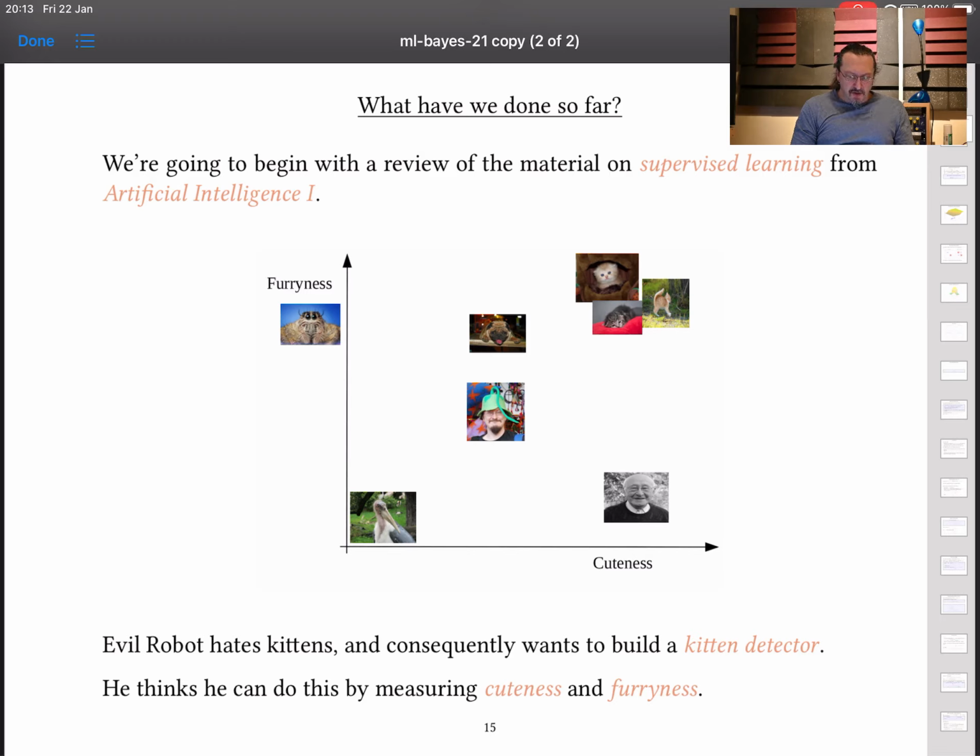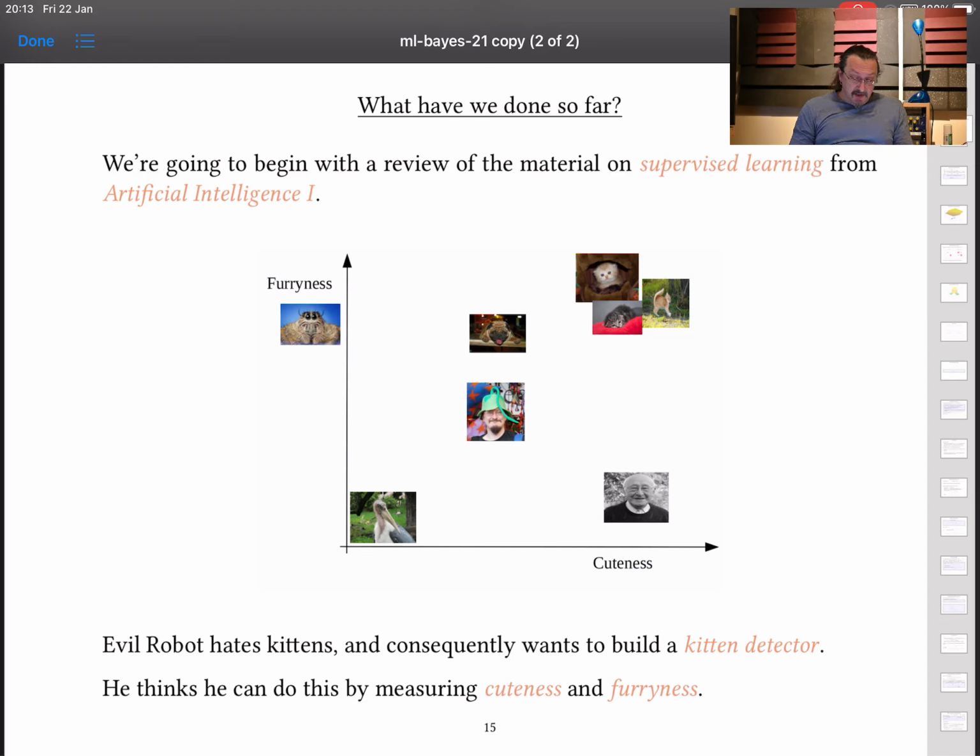And that data is shown on this slide. As you can see, there are various things that he's come across, and he has measured their cuteness and their furriness and plotted them on a two-dimensional graph here. So what can you do with this? Well, hopefully it's sort of clear how things have worked out. Up in the top right hand corner we do indeed have some kittens, which are both cute and furry. But we also have some other stuff.